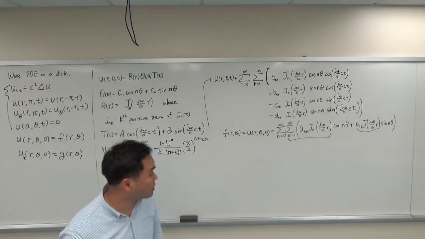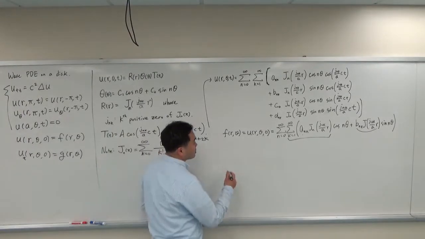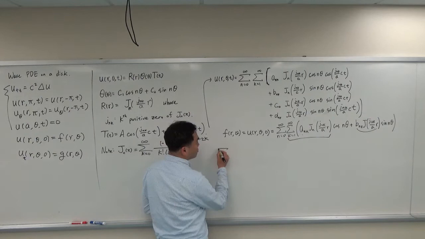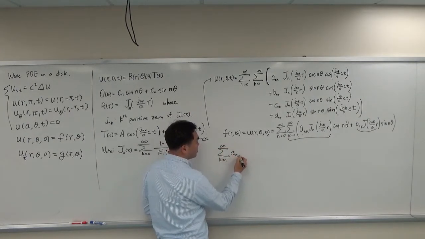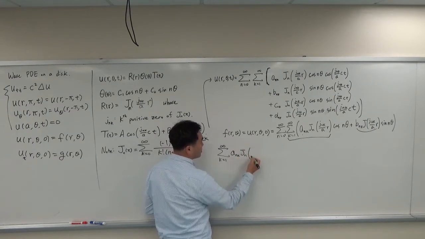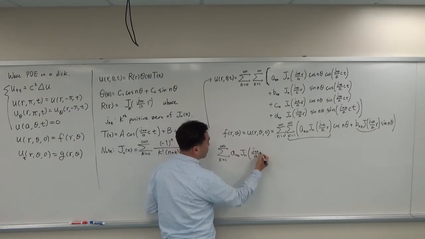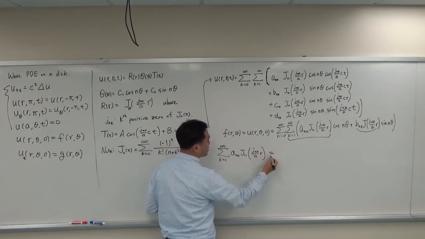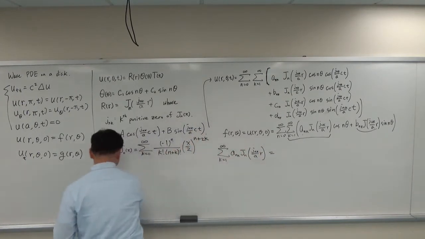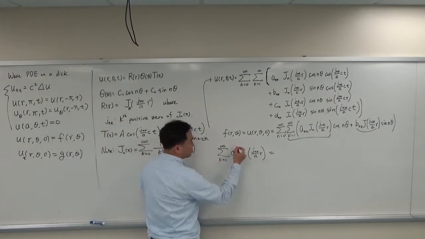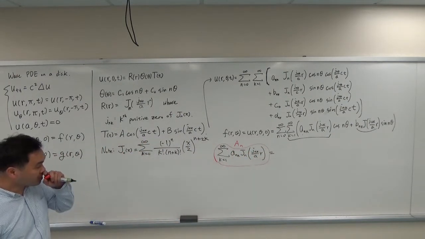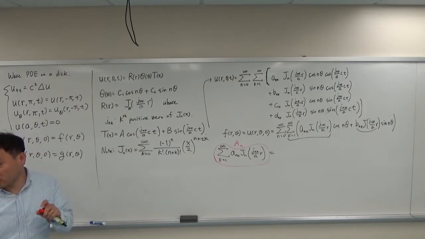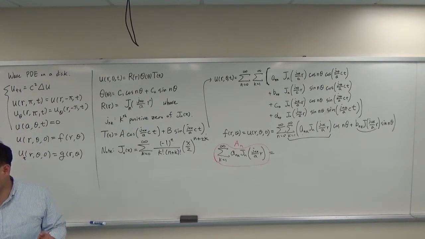So here's what we have. The summation of k equals 1 through infinity of a_nk J_n(λ_nk r/a) is like a_n. Oh, I just realized something. For the formula for the Fourier series, you have a separate one for a0 and an, right?